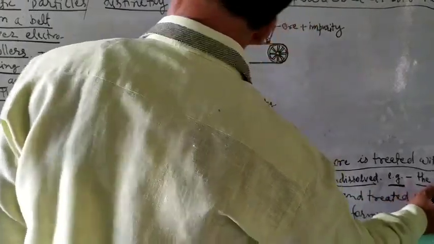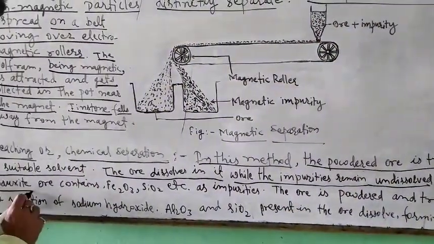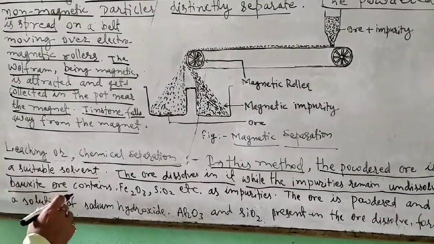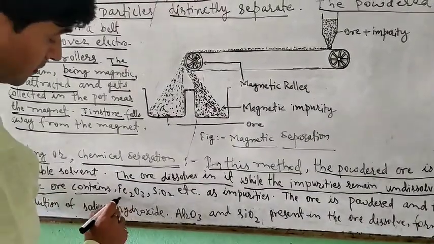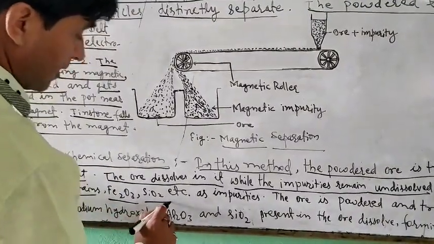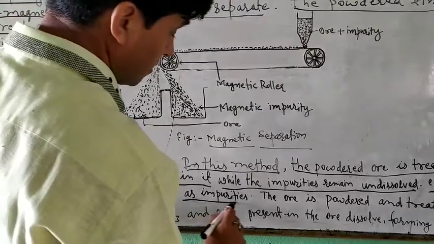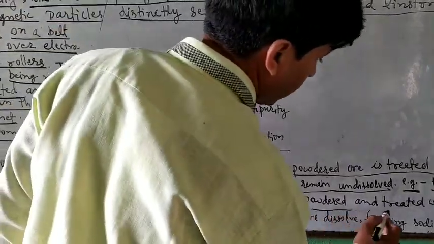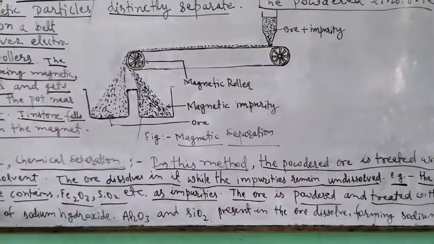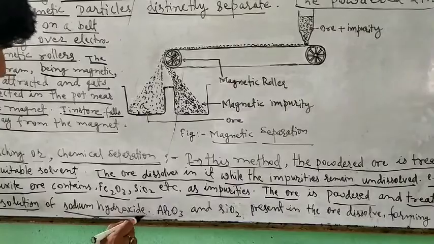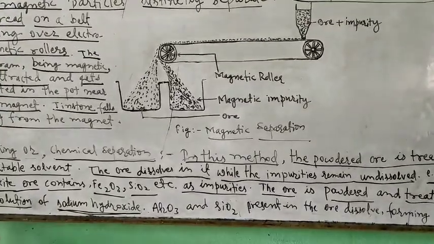For example, bauxite, which is an ore of aluminium, contains iron oxide and silicon oxide as impurities. So the ore is powdered and treated with a solution of sodium hydroxide, NaOH.